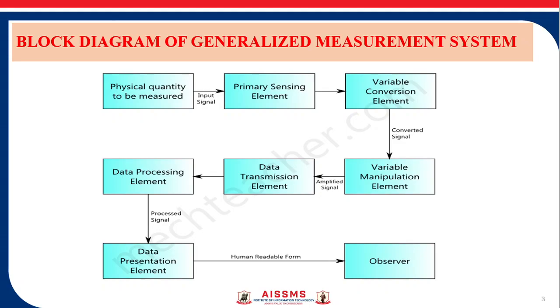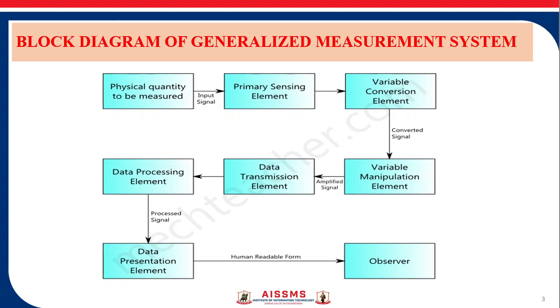It acts as a communication link between different elements of the measurement system. Some of the data transmission elements are cables, wireless antennas, telemetry system, and so on. This stage that follows the signal conditioning element and data transmission element collectively is called the intermediate stage.